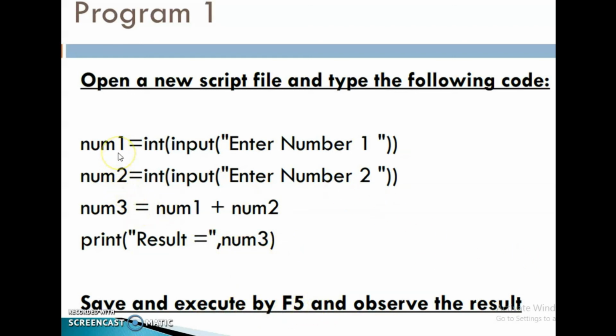Here in num1 we can treat integer values. In num2 also we can treat integer values. Then num3 is equal to num1 plus num2, adding the two numbers, num1 and num2. Then we assign this value to the variable num3. We print this num3 value as output. Okay. Clear this one?